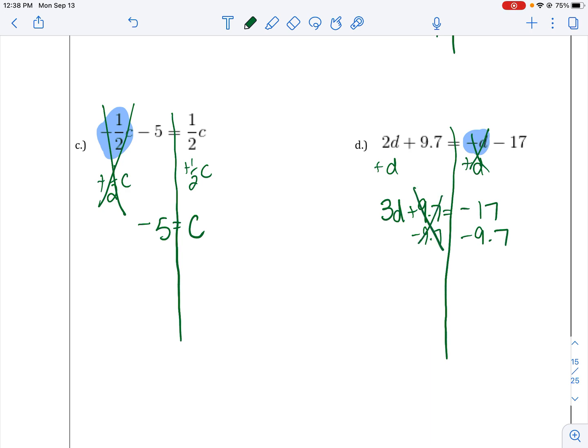So I subtract 9.7. 3d equals -26.7. -17 minus 9.7 gives me -26.7. Divide by 3. D equals -8.9.